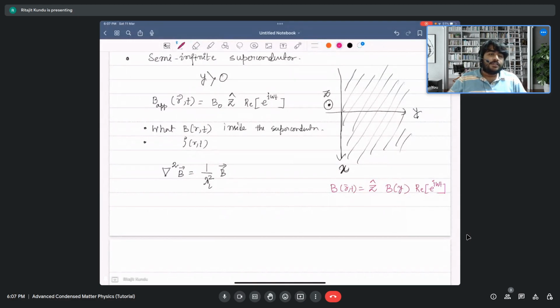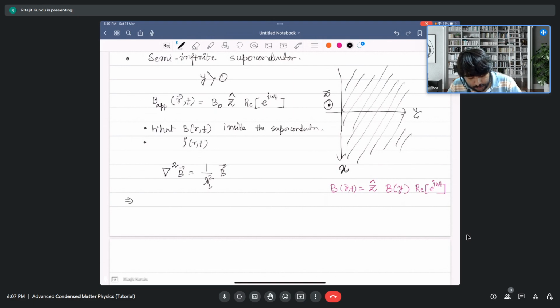So you see that by argument we have reduced a lot of complexity. This means the partial differential equation now becomes an ordinary differential equation of a single variable y.